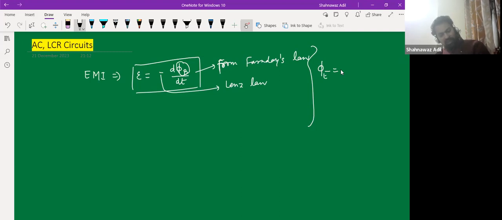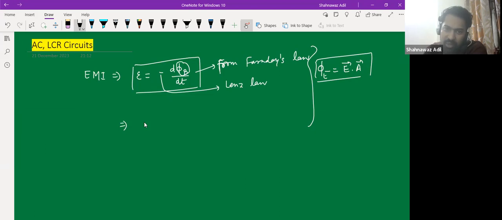When I say electric flux, it is the electric field lines passing normally to the surface. Similarly, we talked about magnetic flux in the EMI part. Magnetic flux was B dot A, so that would be BA cos theta, right? So this was the magnetic flux that we got.